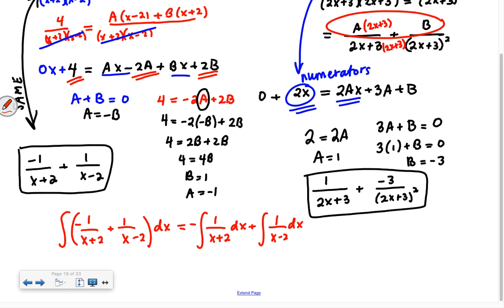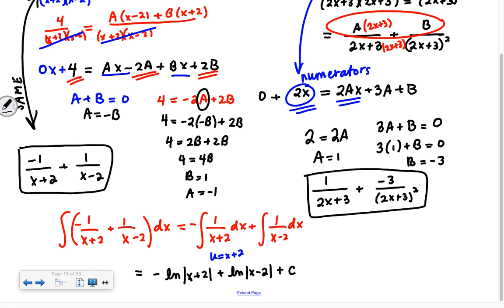And we can think about the u substitution, but if you let u equal x plus 2, do you guys see how we don't gain like an extra constant or anything out front? So we're good. So this ends up being a natural log equation. So it's going to be negative natural log of the absolute value of x plus 2 plus the natural log of x minus 2 plus c.